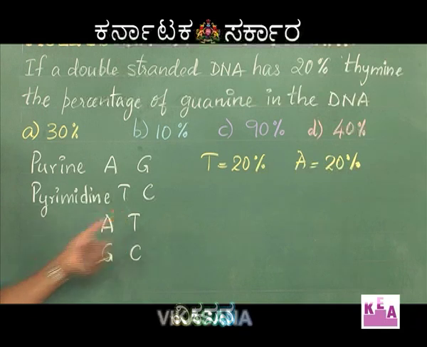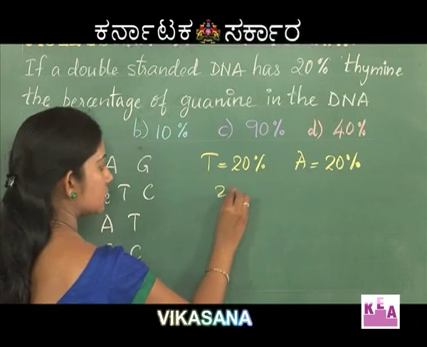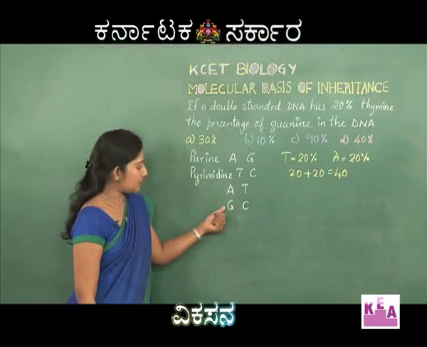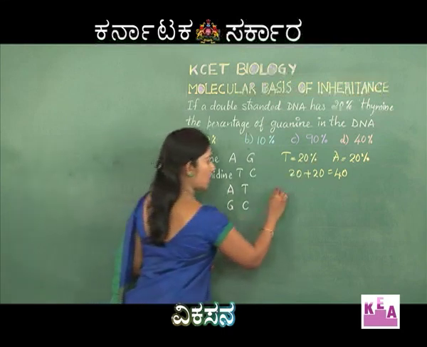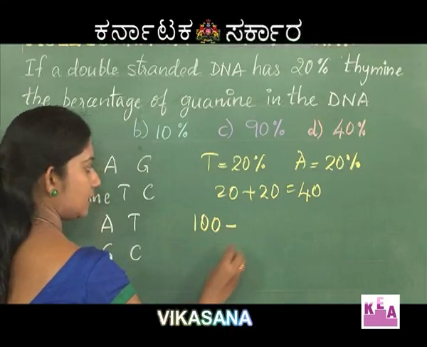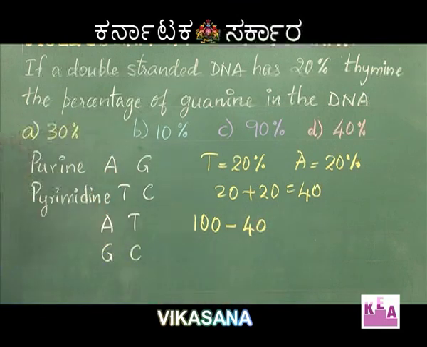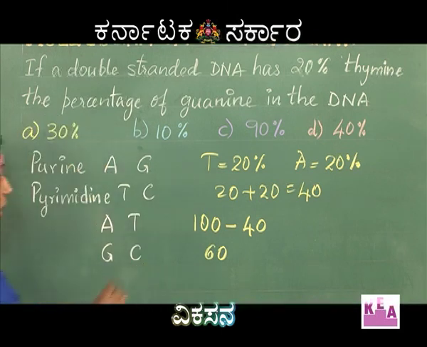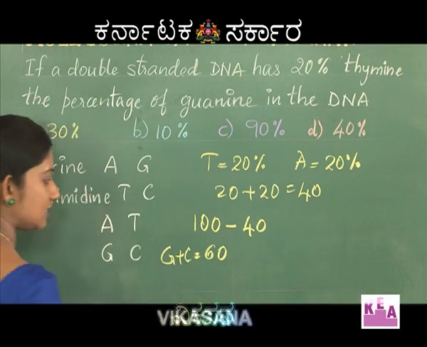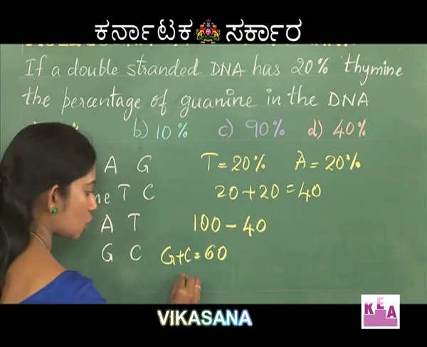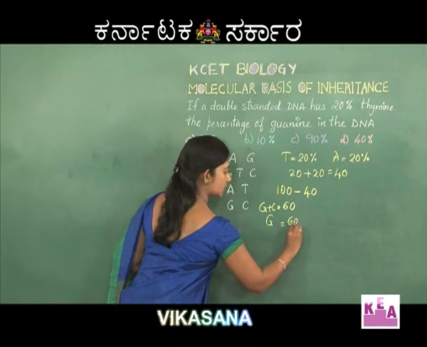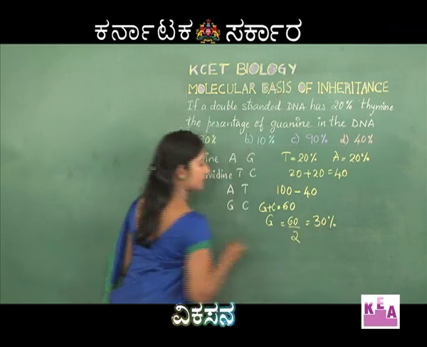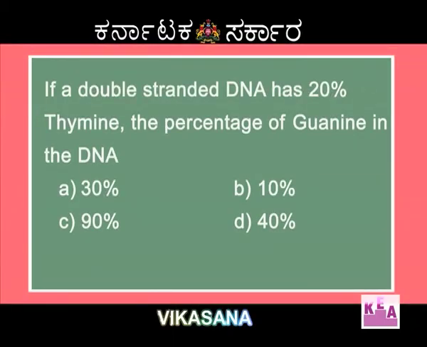Thymine and adenine together form 40. C plus G is equal to 100 minus 40, which gives 60. Now if G plus C is 60, then the percentage of G is 60 divided by 2, that is 30%. So the right answer is A.